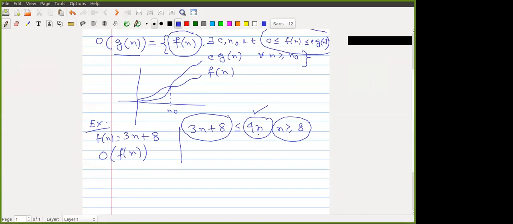So what is the value of c? c is 4. So there exists a c, in this case 4, such that if we multiply by n, it gives me an upper bound on my function f(n). This is happening when n is greater than or equal to 8. For this case, n naught is 8.